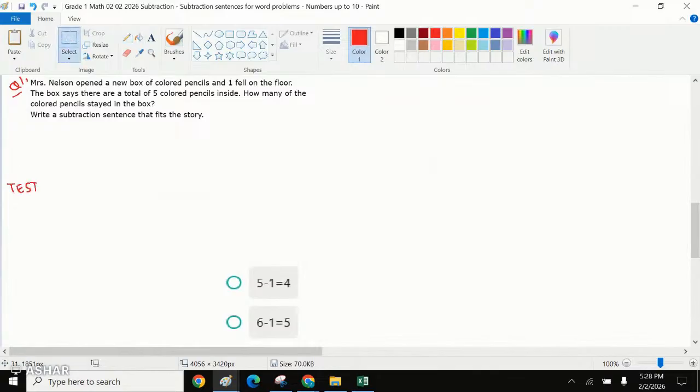Question number one says Mrs. Nelson opened a new box of colored pencils. One pencil fell on the floor. The box says there are a total of five colored pencils inside. How many of the colored pencils stayed in the box?